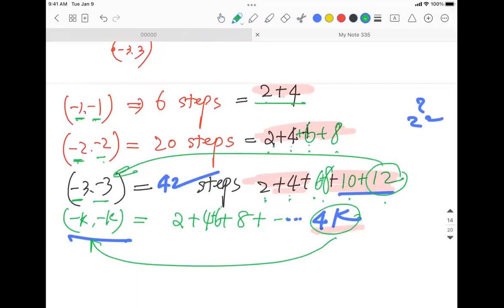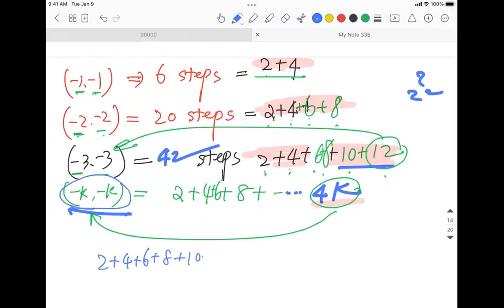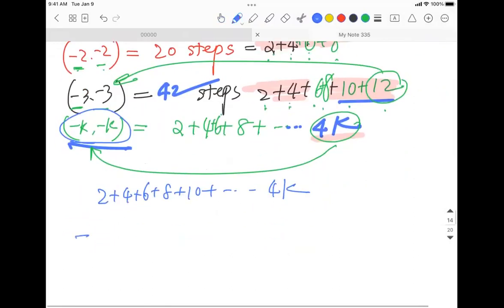Okay? So that being said, if you keep doing this, how many steps are you going to walk all the way to this minus k position? 2, 4, 6, 8, 10, all the way to 4k. You're going to stop at 4k. This is a tiny arithmetic sequence related property.